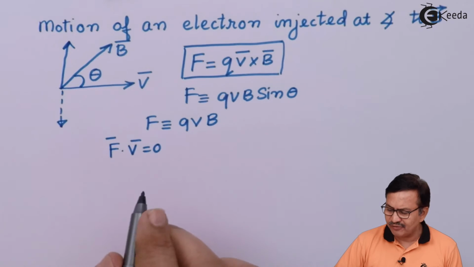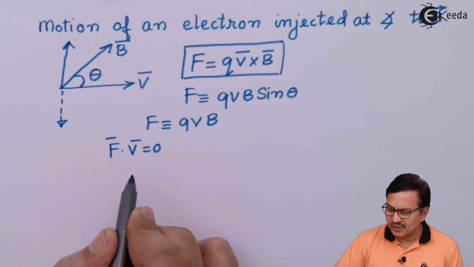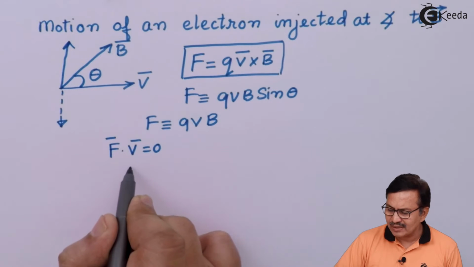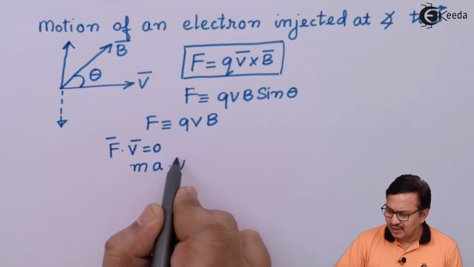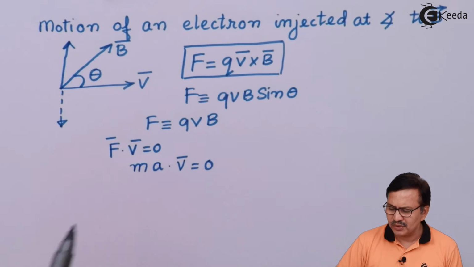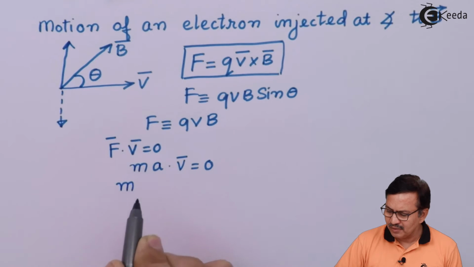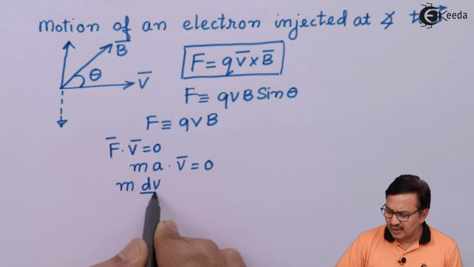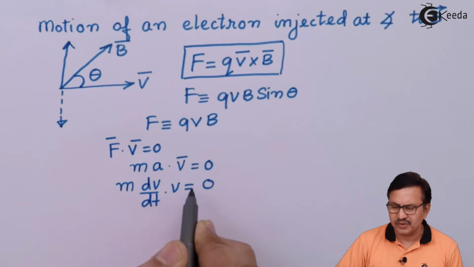The force F is nothing but mass into the acceleration, so m a dot V is equal to 0. Acceleration in itself is equal to dV by dt, so m dV by dt dot V is equal to 0.